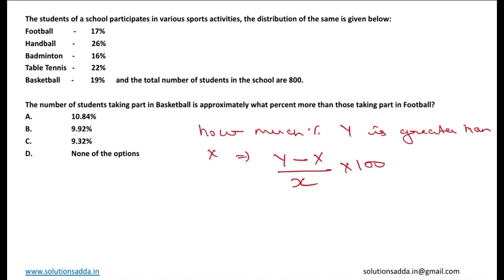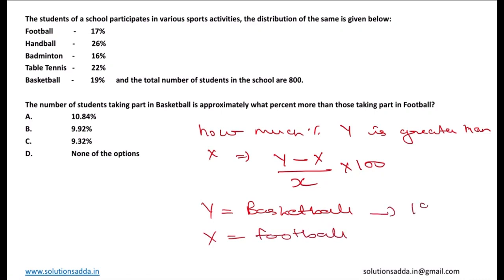So let us suppose y here is our basketball, because we want to find out how much percent basketball is greater than those taking part in football, and x here is football. So basketball value is given to us as 19%, and football value is given to us as 17%.